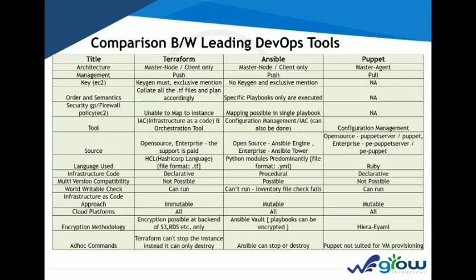That is a big headache Puppet has, whereas in Ansible I just need to create a single playbook, and in the Terraform part I can create some Terraform code. I don't need to worry about the Puppet agent. So that's why Puppet is slowly getting deprecated compared to Ansible or Terraform.